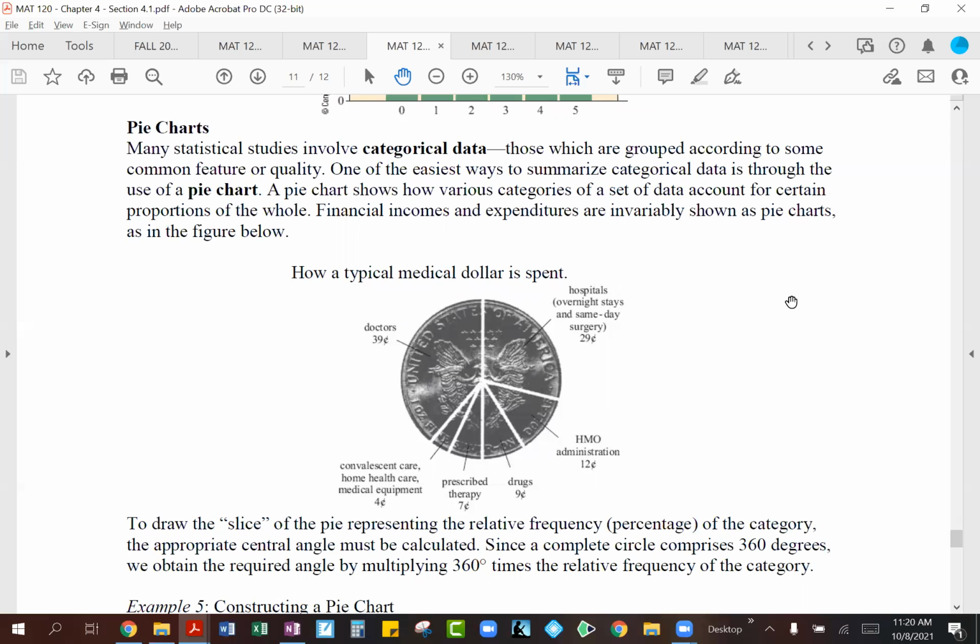So if we wanted to ask students the reasons for why they were running late, and you gather that data, then you can use a pie chart for that, because in this case it's more about the reason for them running late instead of a numerical value. So for studies that involve categorical data, we can use pie charts to show that representation.